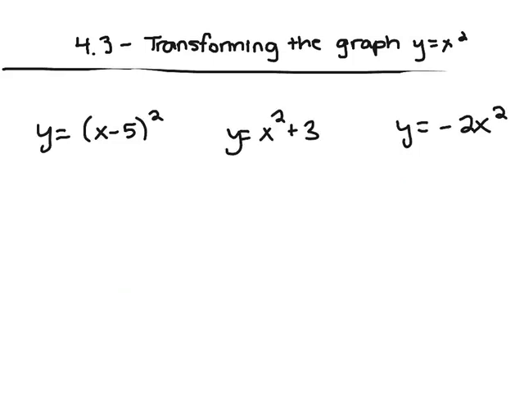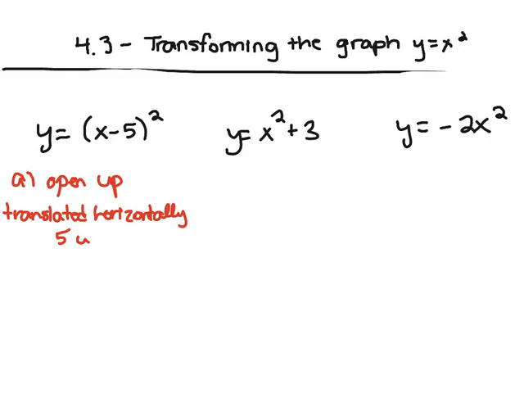So for the last thing, we want to find the direction, the vertex, the symmetry, and if it's congruent. So A, it is opening up, because we know that this is positive in front. It's going to be translated horizontally because it's inside the brackets, and it's going to be 5 units to the right.